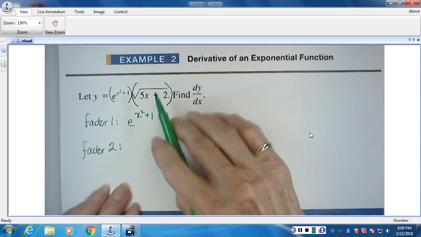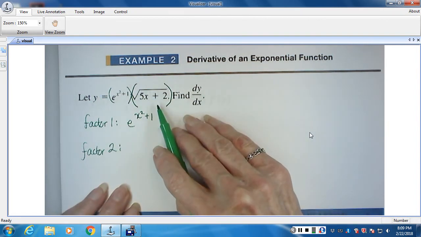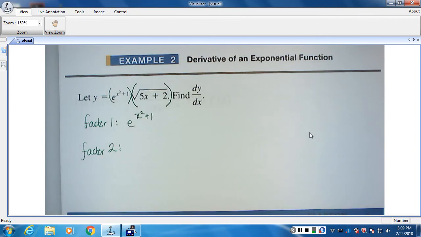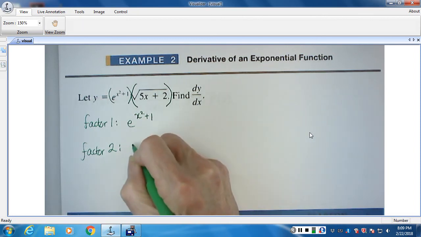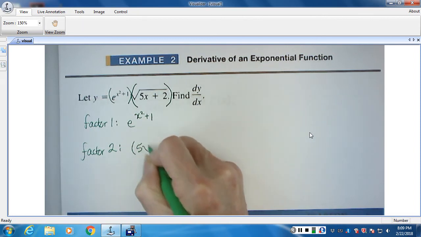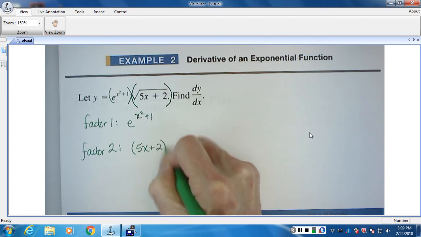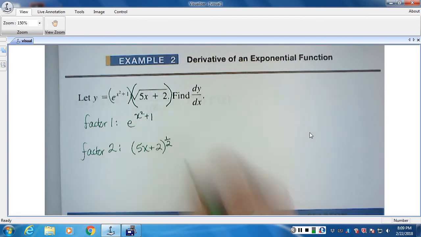And I'm going to go ahead and rewrite that second factor without a radical because I don't have rules that deal with radicals. So yes, we do indeed this time have a product rule.